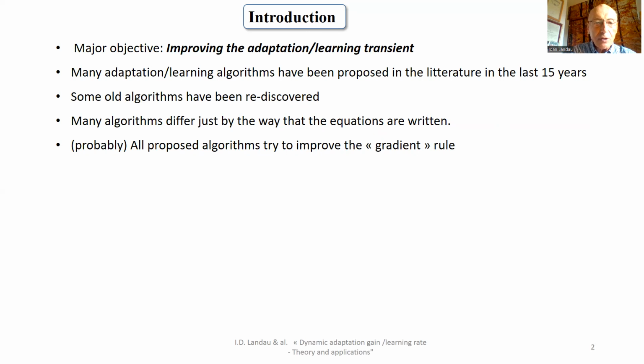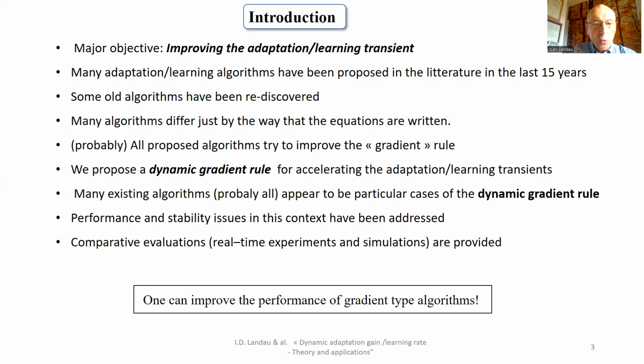And probably all proposed algorithms try to improve the gradient rule. We propose a dynamic gradient rule for accelerating the adaptation and learning transients. Many existing algorithms appear to be particular cases of the dynamic gradient rule.